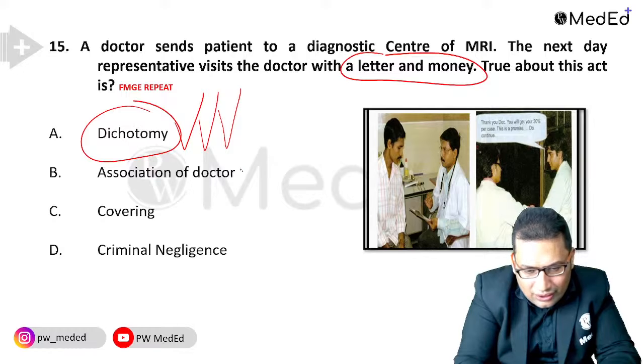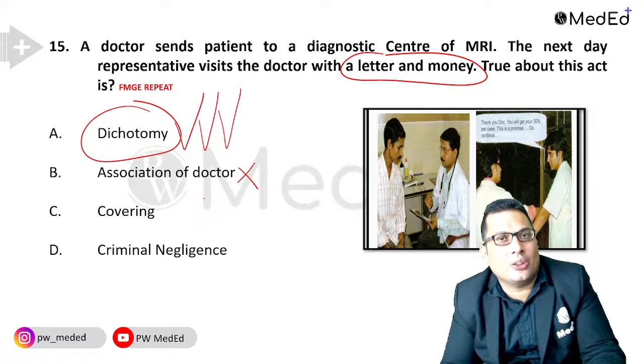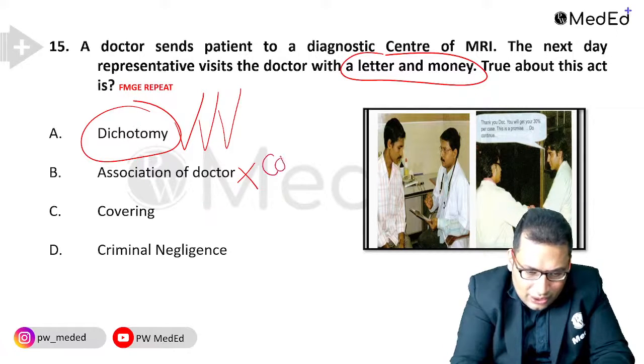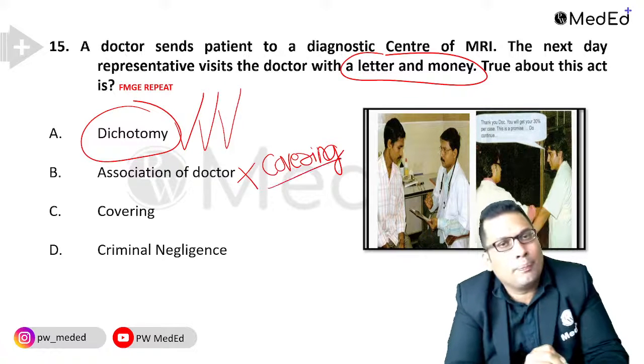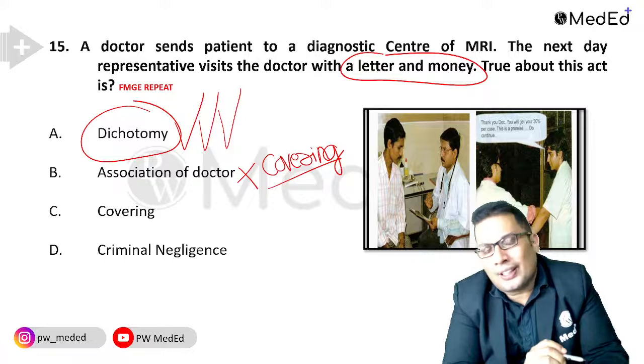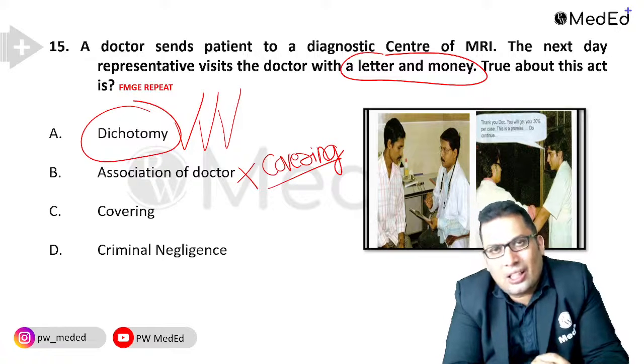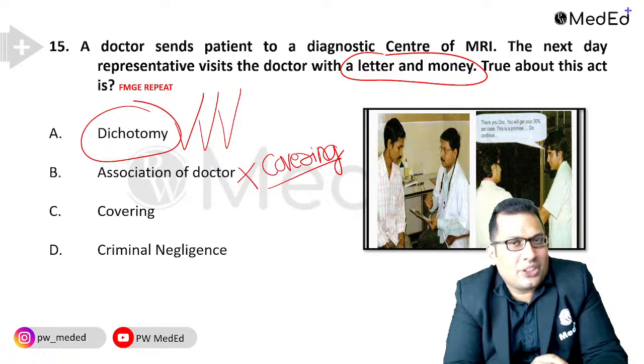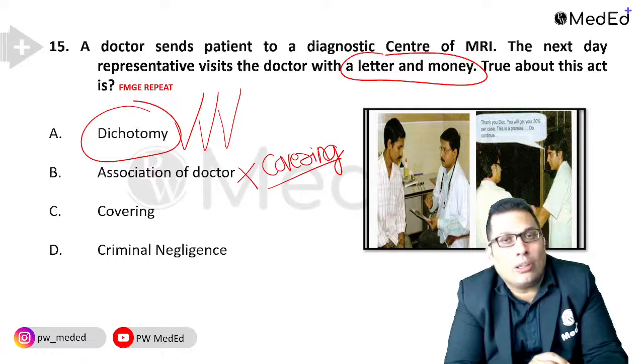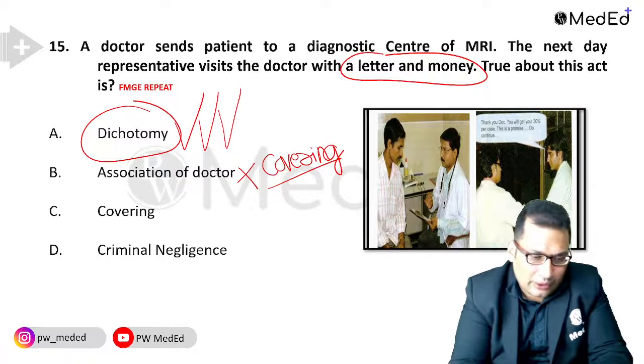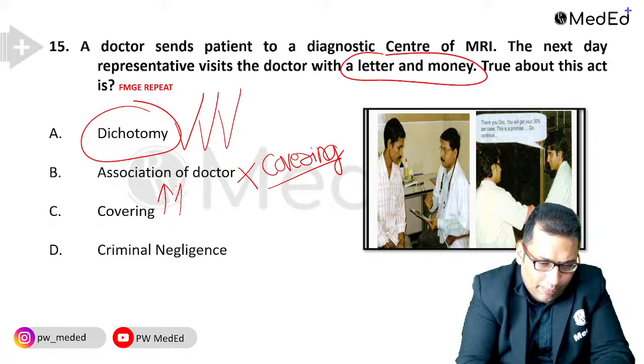Association with a non-qualified person is known as covering. It can be asked in your exam. What is covering? During treatment or surgery or examination of a patient, when you allow someone non-qualified, that is known as covering. Both are the same.